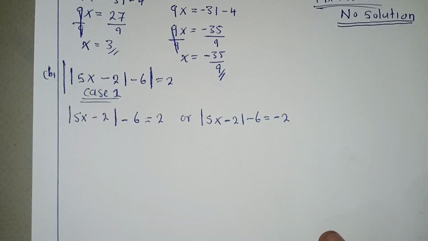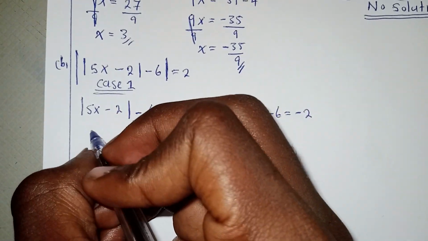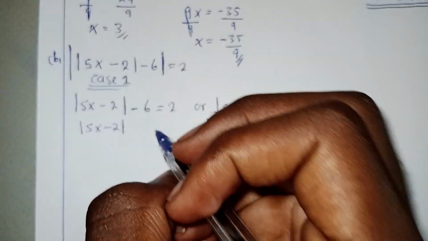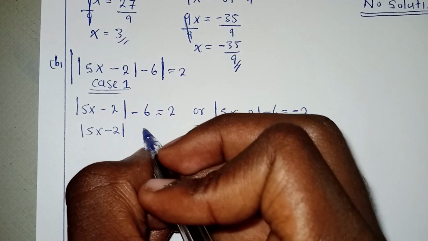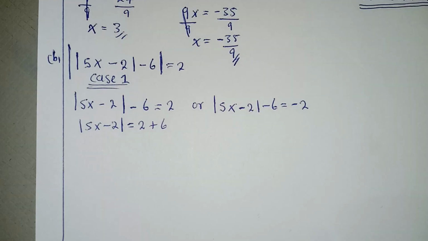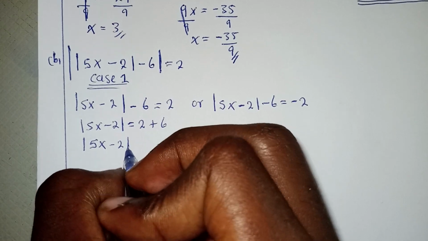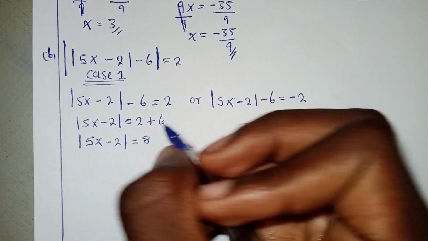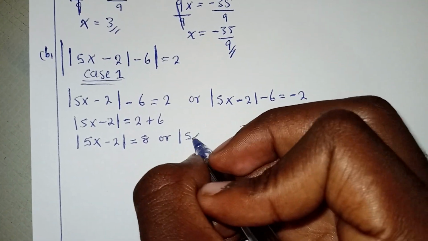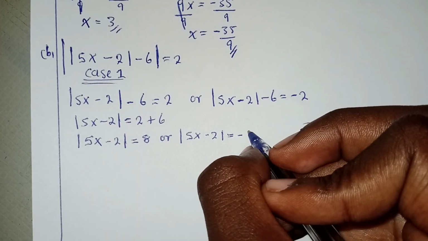Let's get into case 1. For case 1, we have 5x minus 2, and this is going to equal 2 plus 6. Then this is going to be 5x minus 2 equal to 8, or 5x minus 2 is going to equal negative 8.